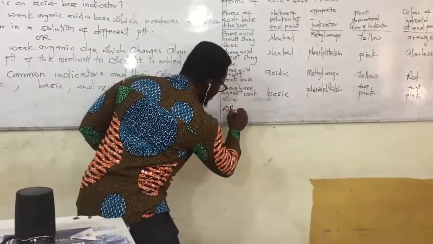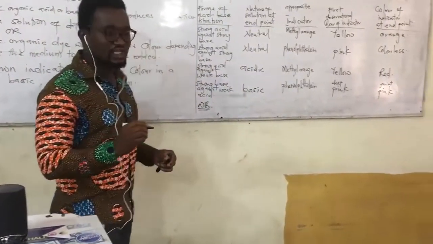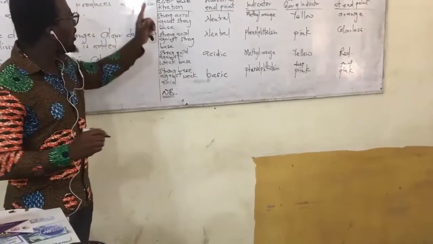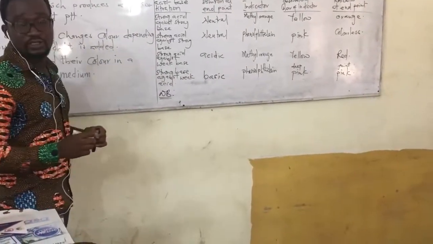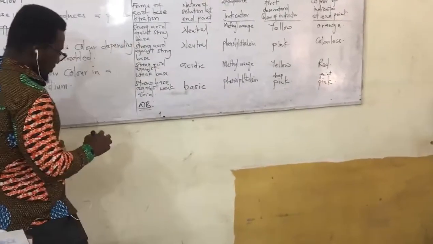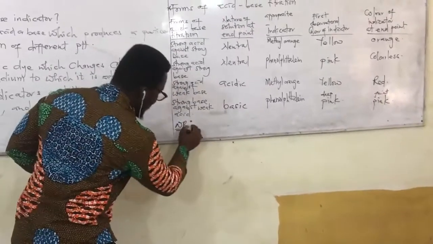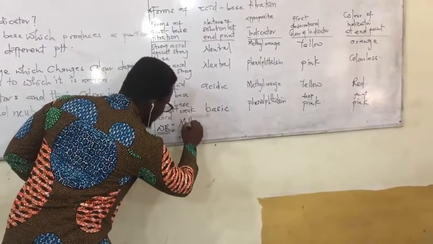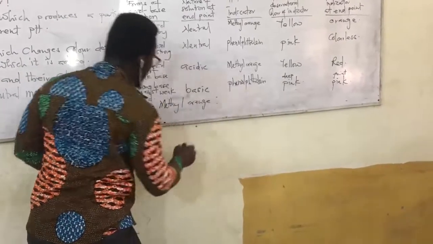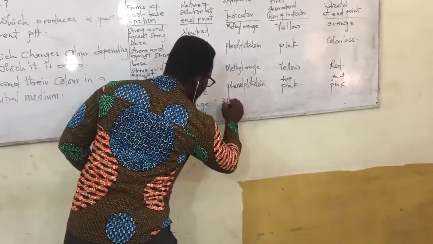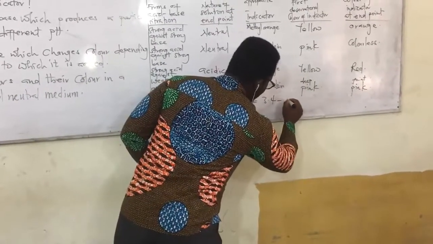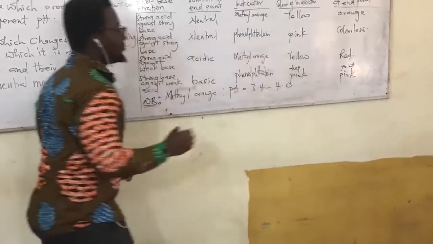Let me give you a note. The pH of phenolphthalein and then the pH of methyl orange, so that you know where it works best and then appropriate. So methyl orange, pH 3.4 to 4.0.